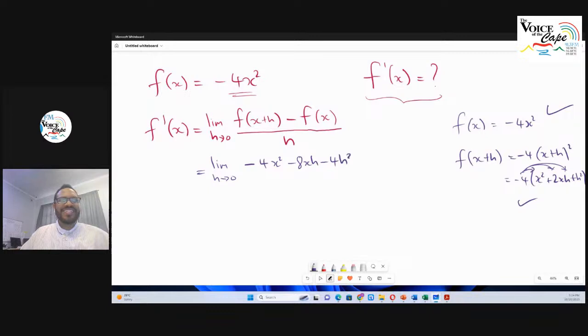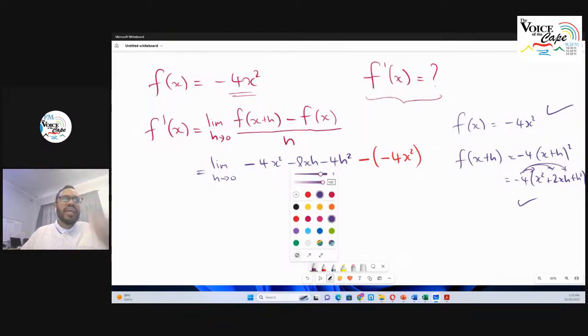Sorry guys, thinking about a lot of things here. Then I'm going to put in a minus sign, and this minus sign is coming from the definition. Remember, because it's negative, open a bracket so that you're aware of what needs to happen here. And here I'm going to substitute in the f of x component, which is minus 4x squared. All of that is divided by h.